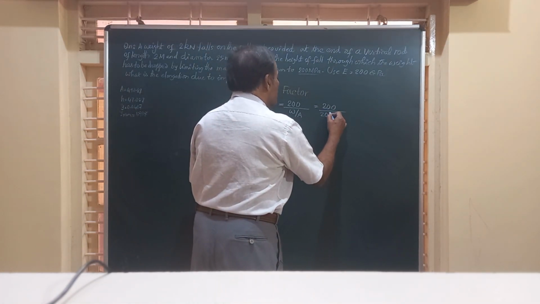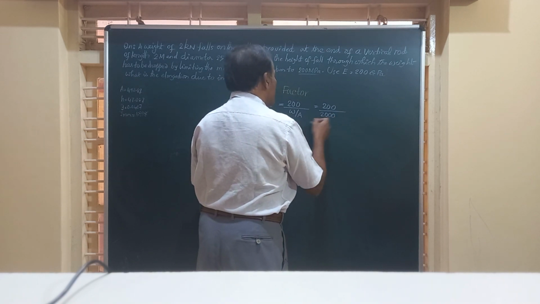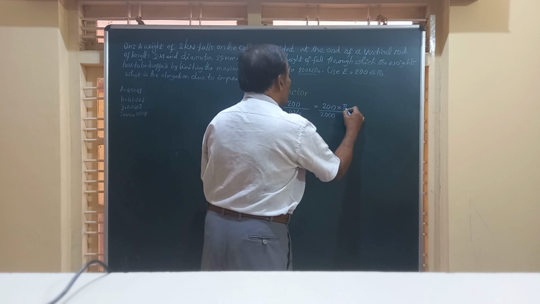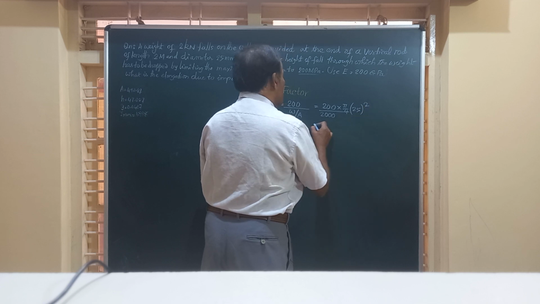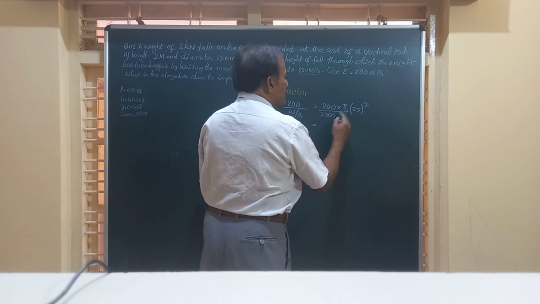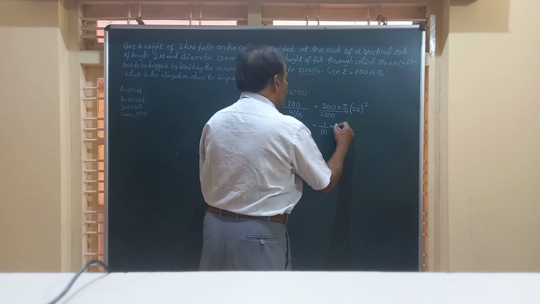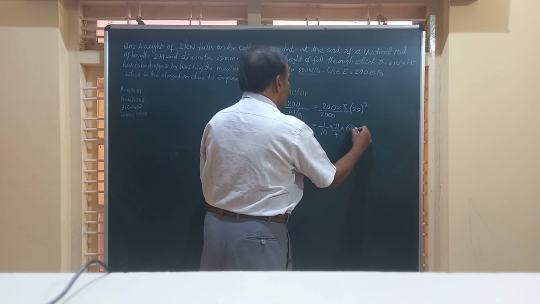W is 2000 Newton divided by area, or I will take A to the numerator. This will be pi by 4 into diameter square. So this is pi by 4 into d square. 200 gets cancelled, so 1 by 10 multiplied by pi by 4 multiplied by 625.